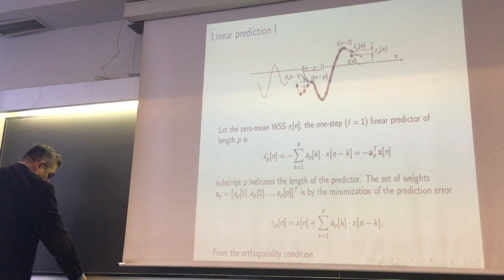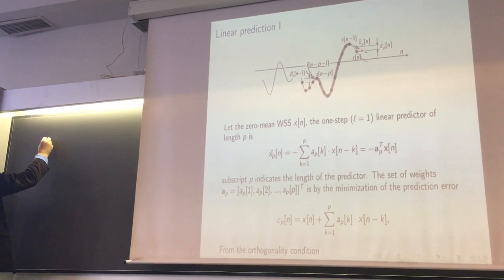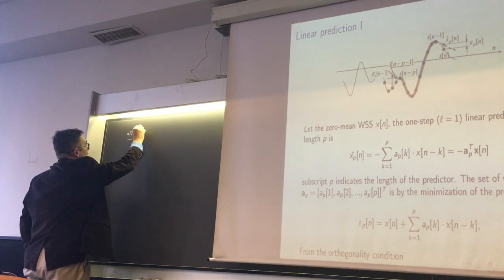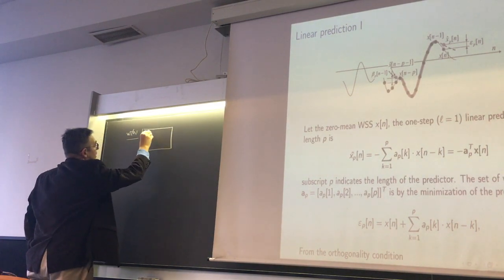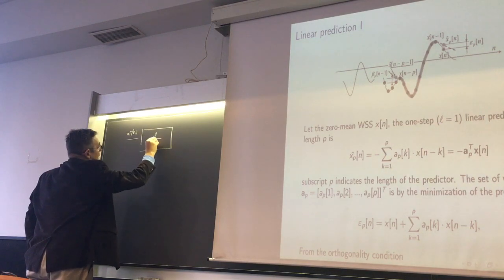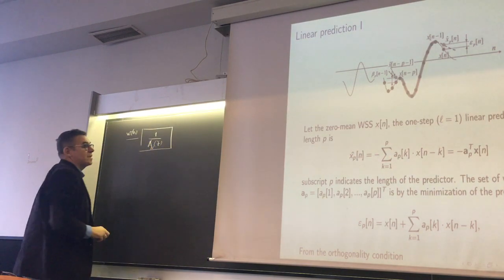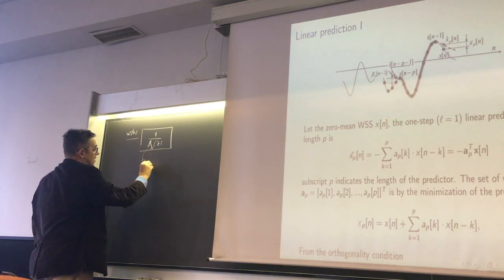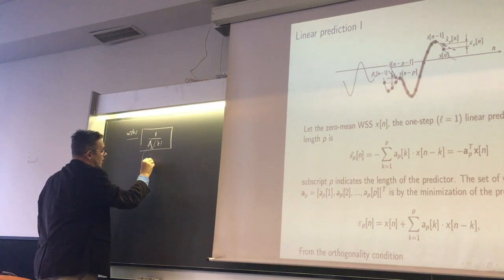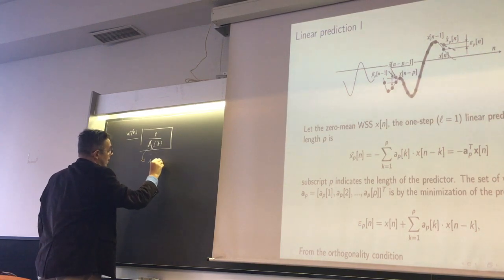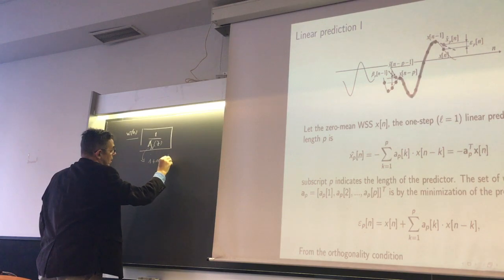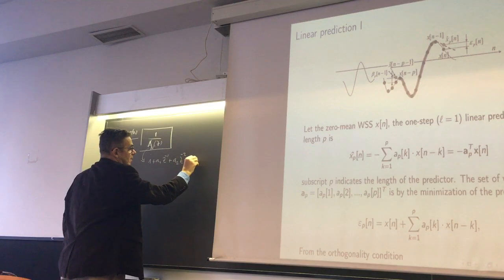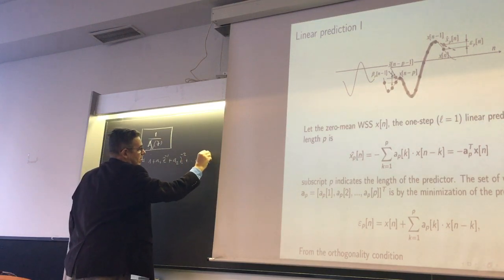What we saw in the autoregressive case is the following: if I have a process Y filtered by a filter 1 divided by A(z), and this A has n coefficients, written this way the polynomial is monic, so I have 1 plus a1 z to the minus 1 plus a2 z to the minus 2 plus up to an z to the minus n.